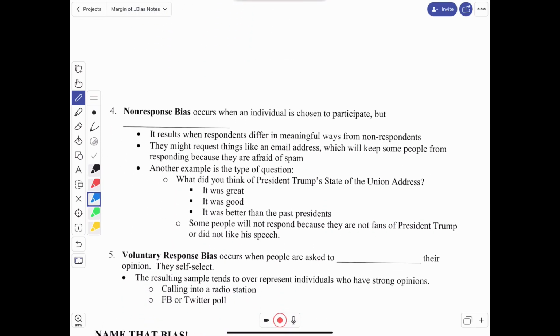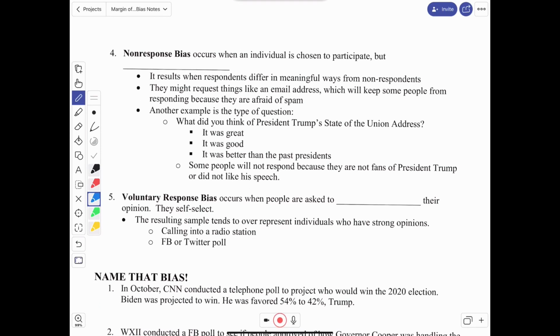Okay. All right, so then we get into non-response bias, and some of these sound very, very similar. Like response bias, non-response bias. So non-response bias occurs when an individual is chosen to participate, but does not. Okay, this one seems to me to always be the hardest one to understand. But it results when respondents differ in meaningful ways from non-respondents.